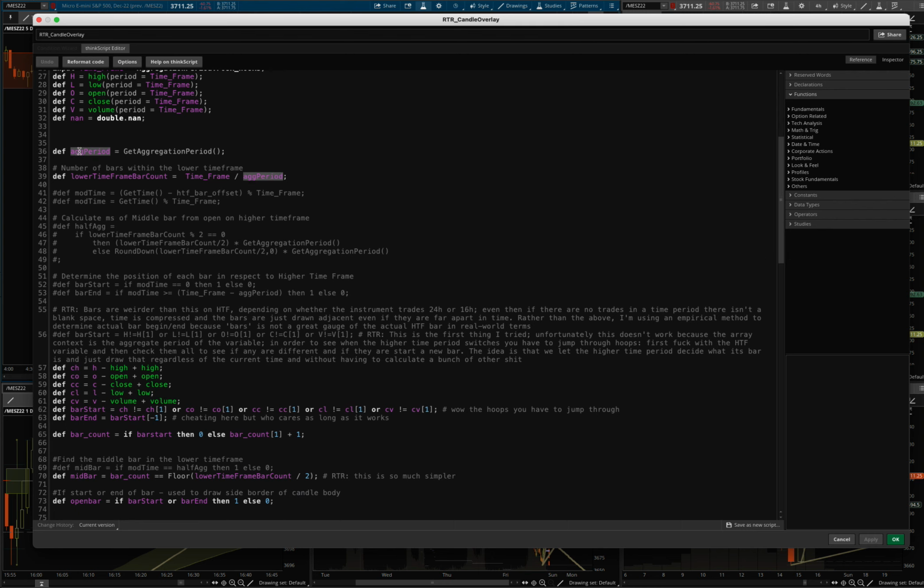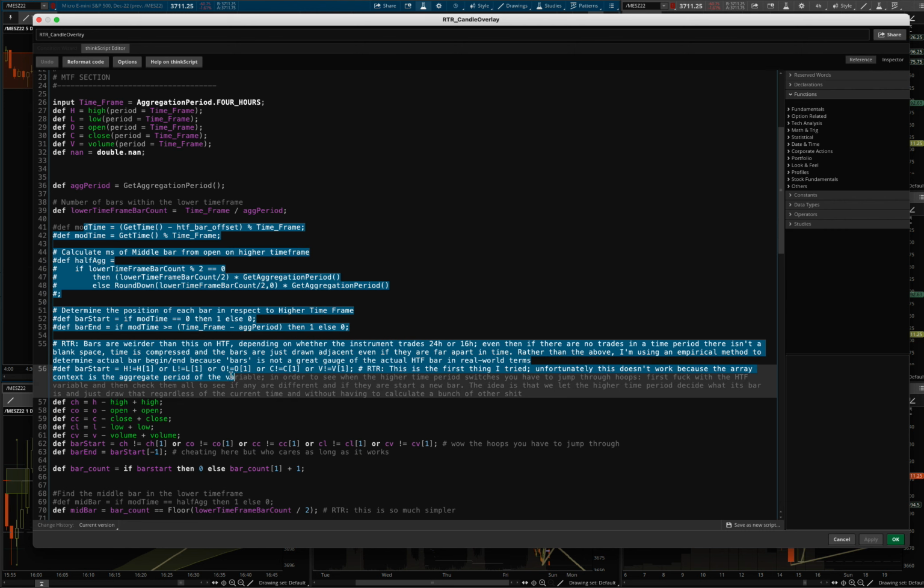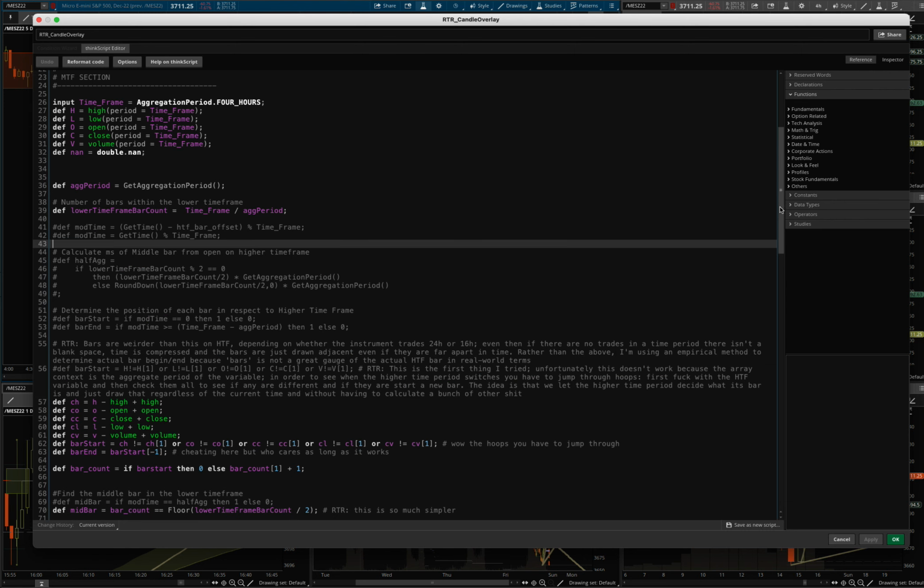I still have the aggregation period, because we need to know the current aggregation period. We still have a time frame, which is pick what higher time frame you want. I now have a lower time frame bar count still, and I took out all of this stuff.